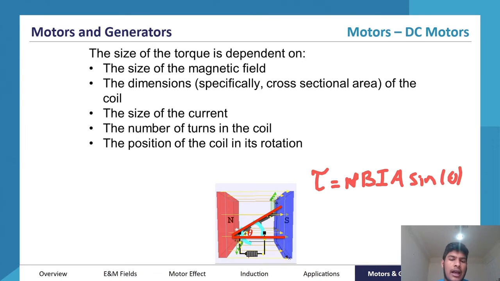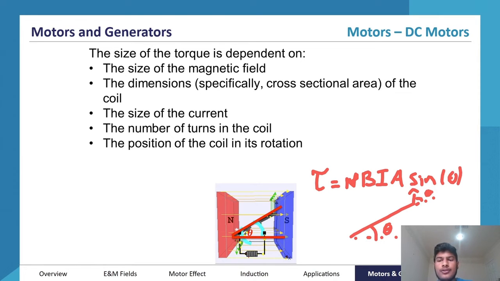Theta is the angle between the force and the lever arm. You could think of theta as this angle in here, or the angle between the force and the lever arm. It doesn't really matter because they're equivalent angles, so you could think of it as this angle here, theta, or this angle here, theta.